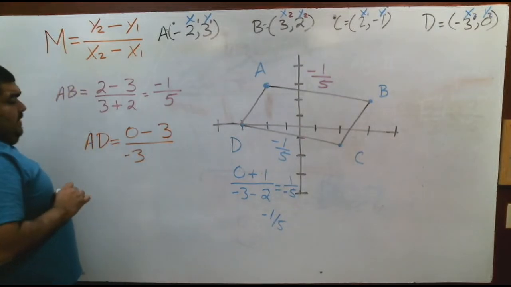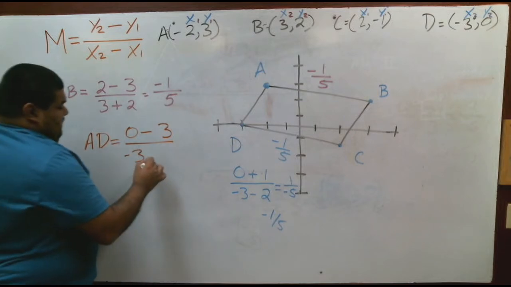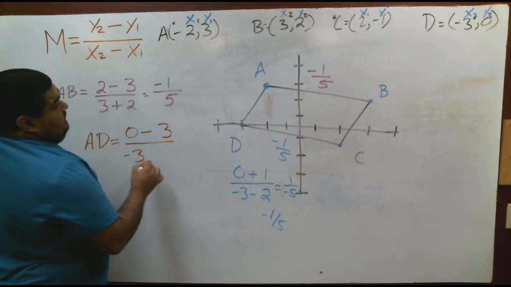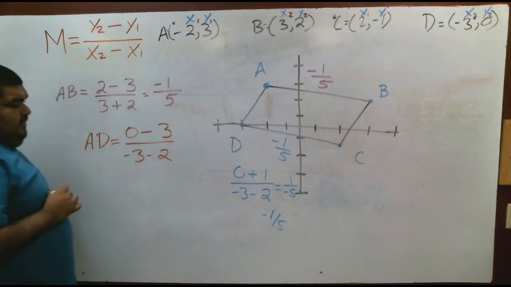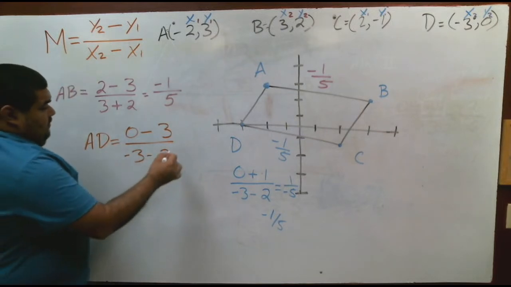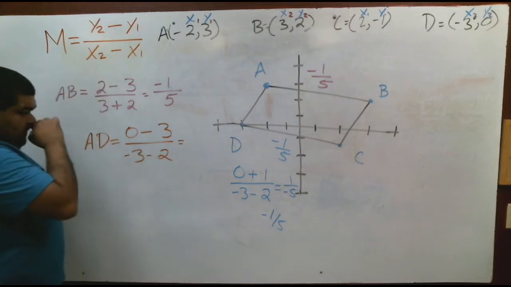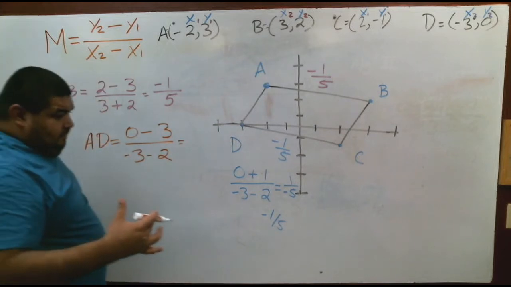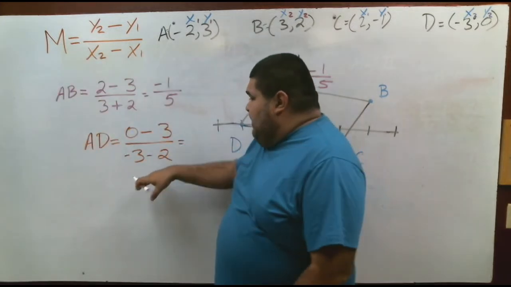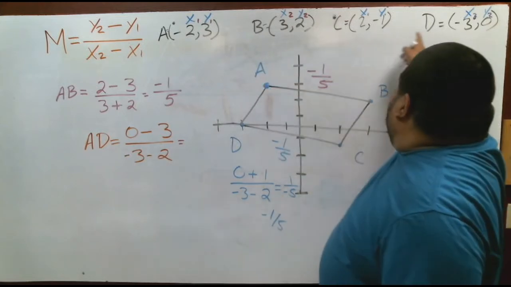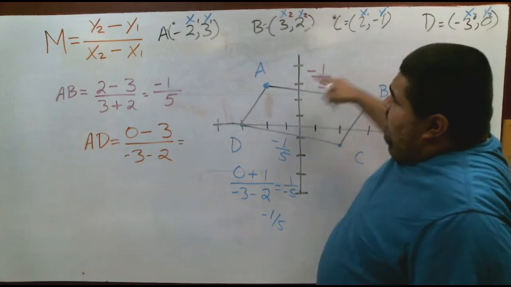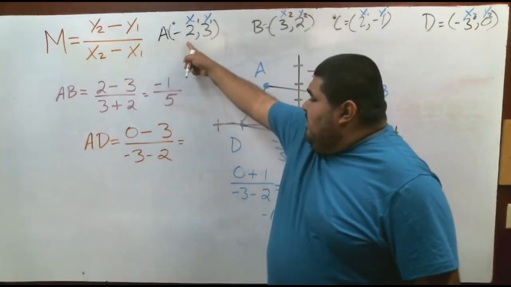Okay, the next one is minus 2, right? So now we can say that we have x2 as negative 3 minus x1, negative 2.